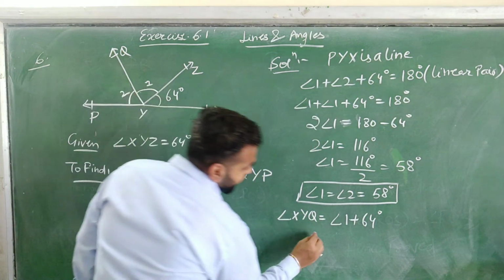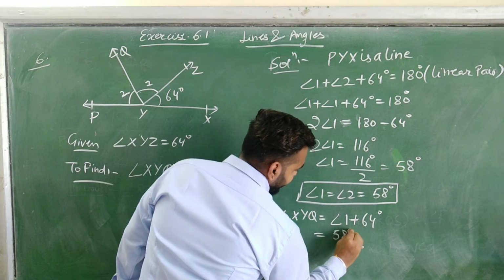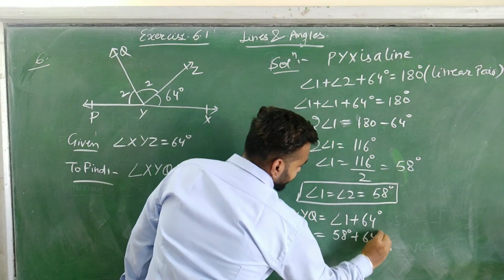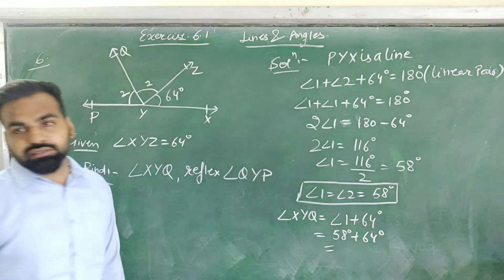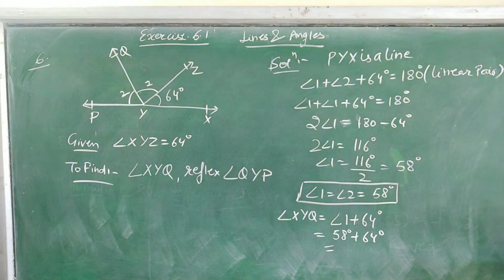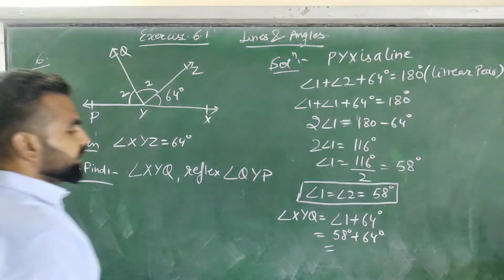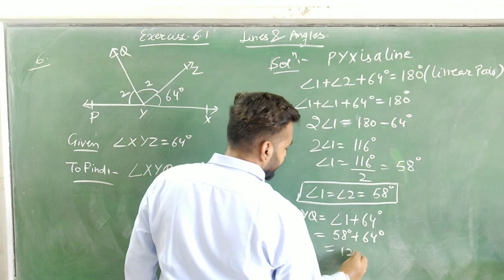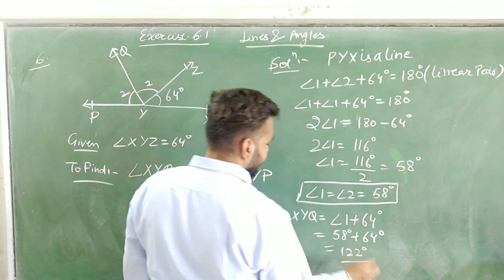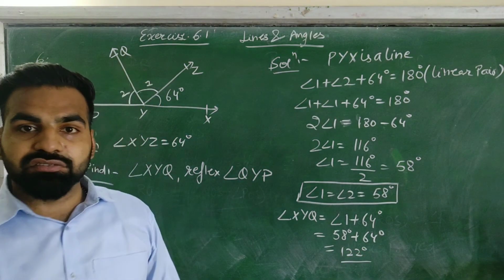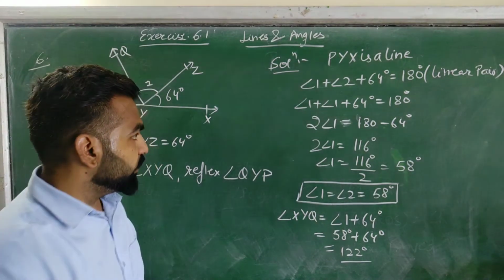So put value of angle 1 here, 58 plus 64, and add these two terms. So the answer will be 122 degree. So the angle XYQ is equal to 122 degree.